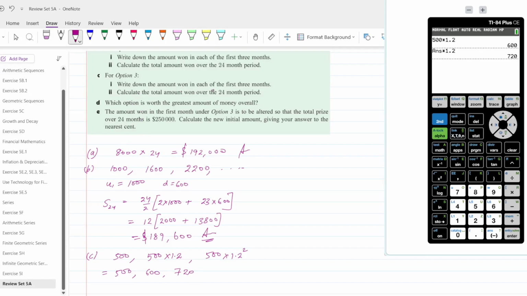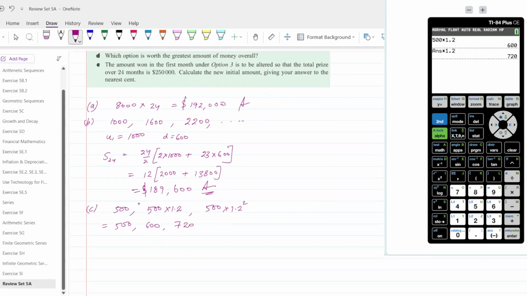Calculate the total amount won over the 24-month period. So Sn is going to be U1 times (r raised to the power n, minus 1) divided by (r minus 1). So 500 times (1.2 raised to the power 24, minus 1) divided by (1.2 minus 1).